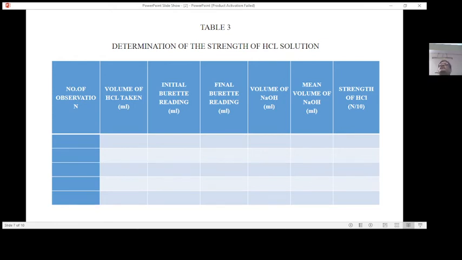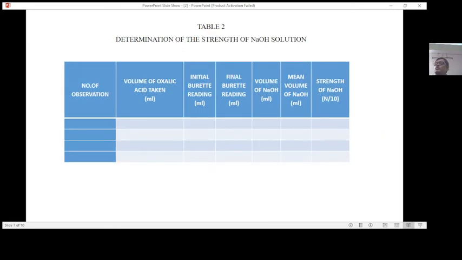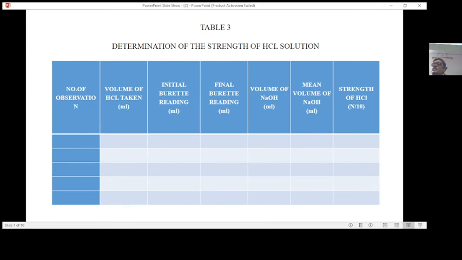We have phenolphthalein and methyl orange, so take methyl orange indicator here, or in number 2 take phenolphthalein as indicator, because with strong base and acid you can easily get the endpoint.